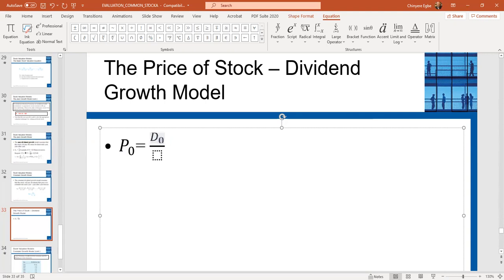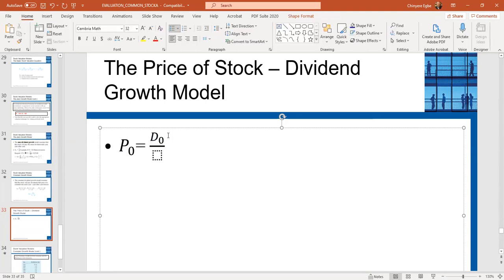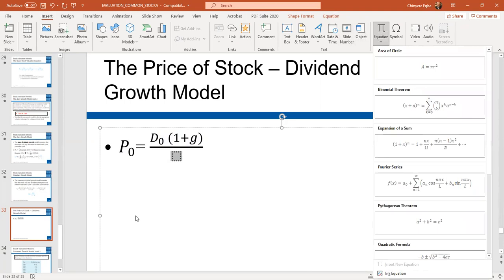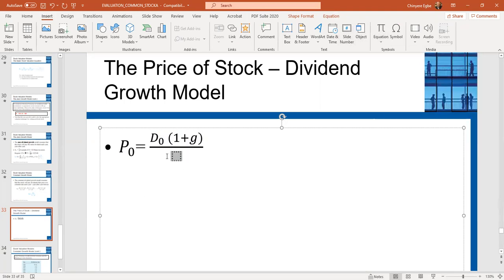The current dividend times 1 plus G, divided by R minus G. All right.